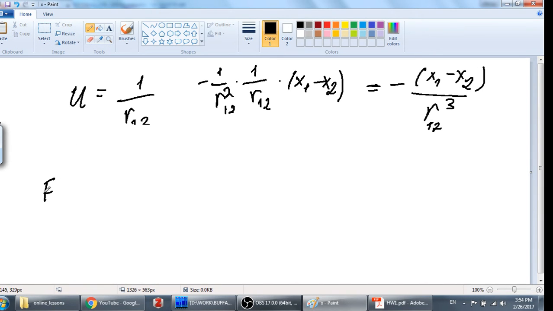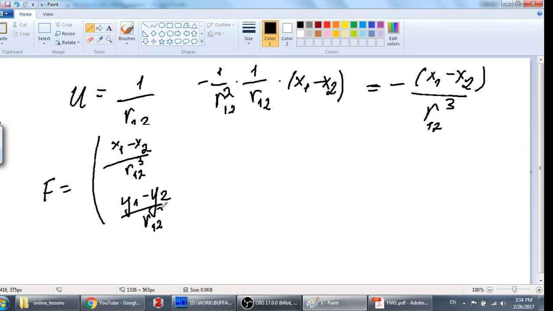So f will be: here we have x1 minus x2 over r12 cubed, and next one will be y1 minus y2 over r12 cubed, and the same thing for z. Let me just show on this example. Now, what you can see is this part is the same everywhere, and you can basically put it in front as a constant.